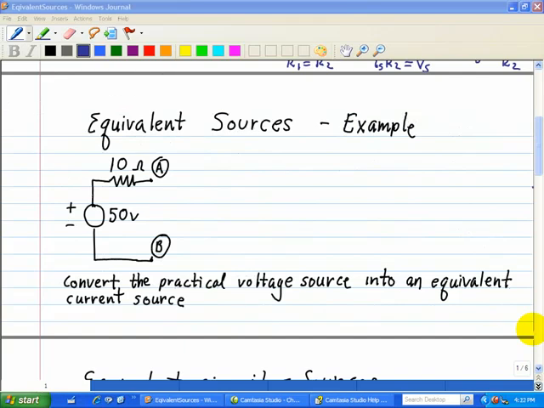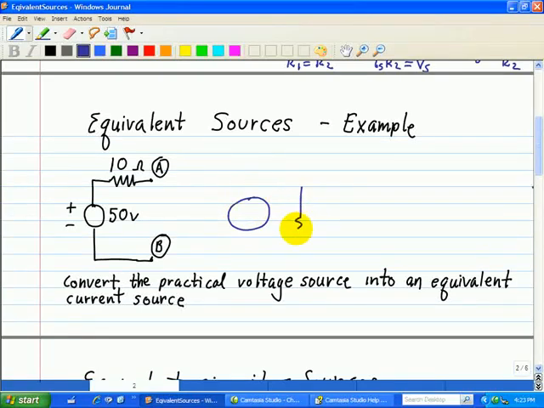So let's do an example of equivalent sources. Here we want to convert the practical voltage source into an equivalent current source. In this example we have a 50 volt battery in series with a 10 ohm resistor, and we want to convert it into a parallel resistor with a current source that's also in parallel with it.